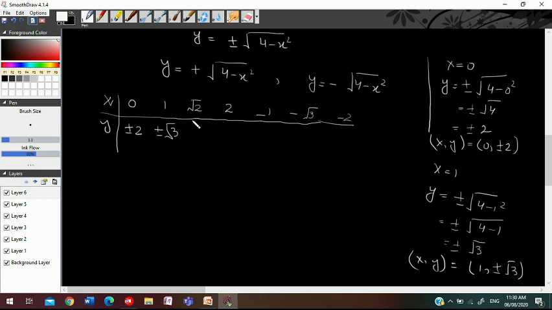For under root 2, we have plus minus 1. For 2, 0. For minus 1, plus minus under root 3, and so on. Now we are going to draw the graph for these values. This graph is for positive values.